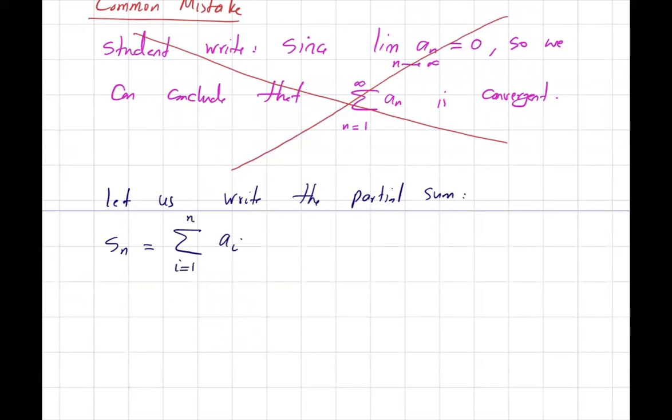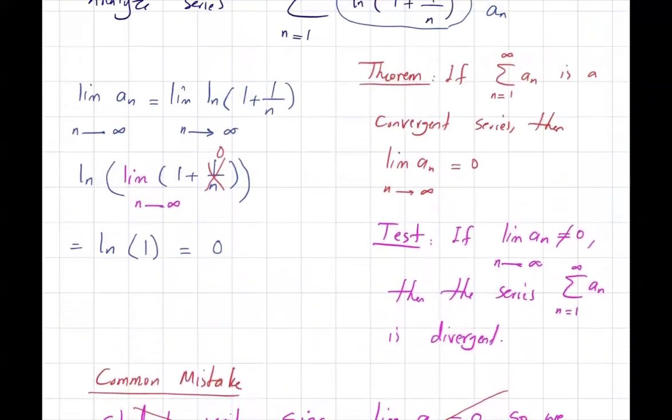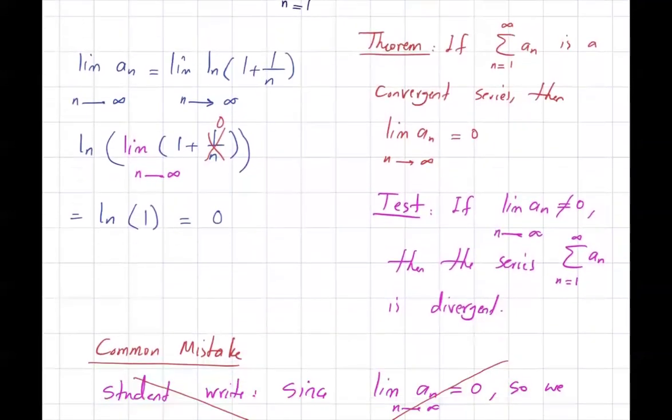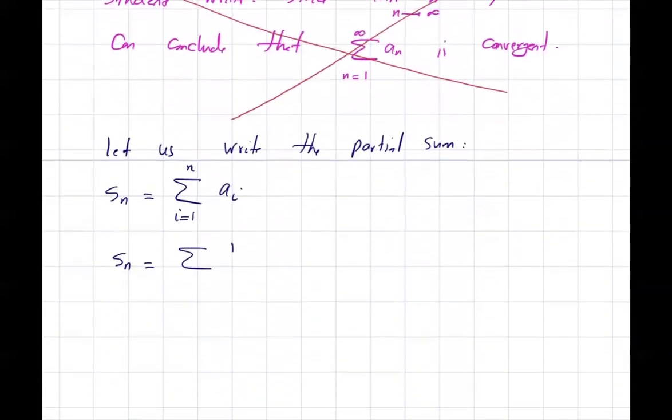We know that if the partial sum as a sequence is convergent, then the series is convergent. But take a look at your Sn. Sn is the summation, and here you have ln of 1 plus 1 over i, since we're using partial sum, let's use i, and i starts from 1, goes to n.